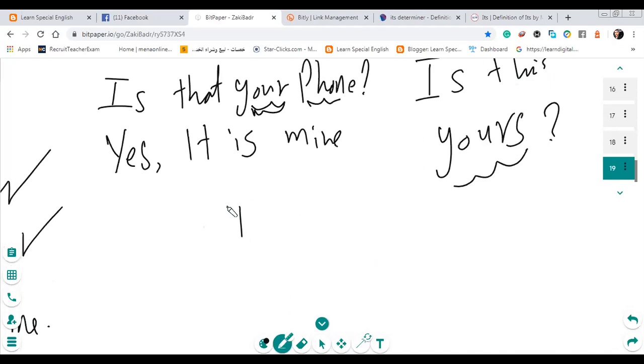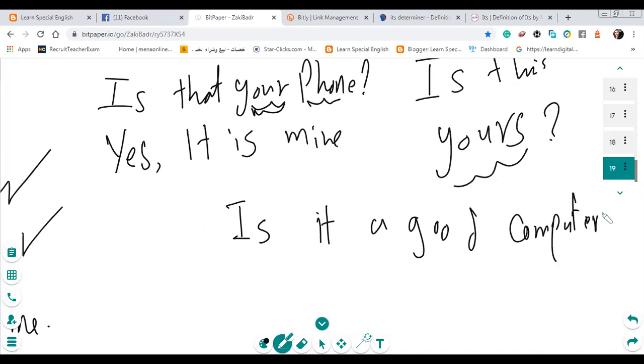But if I say, is it a good computer? Now we are talking about the computer. We're not talking about possession here. Is it good or not good? That's why we can say, yes, it is. That would be complete and correct.